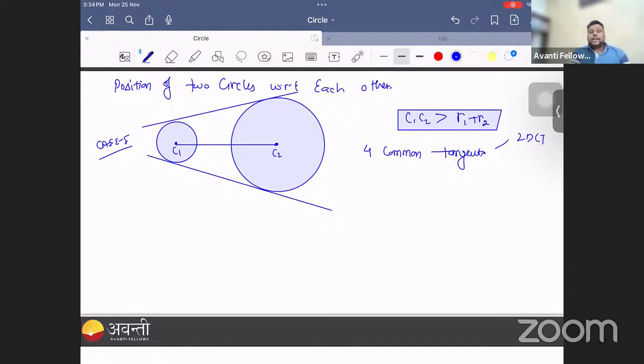Similarly, there are two transverse common tangents also, one like this and the other this. Am I clear?